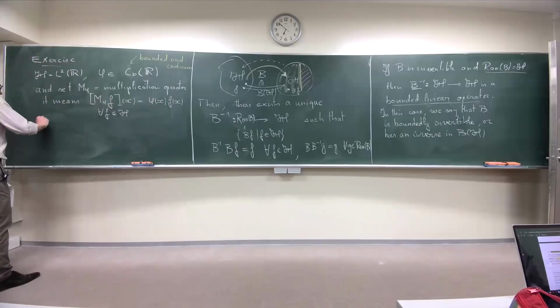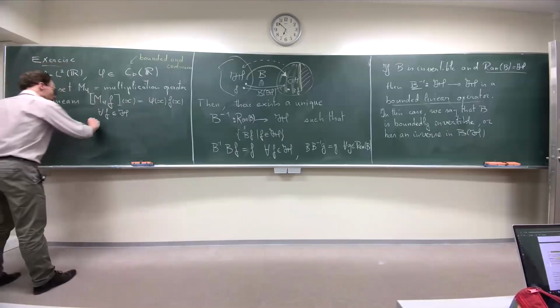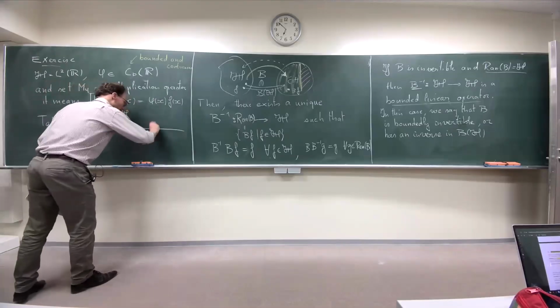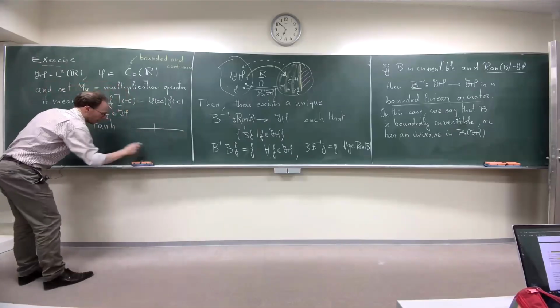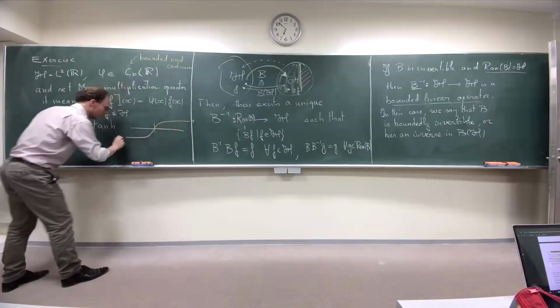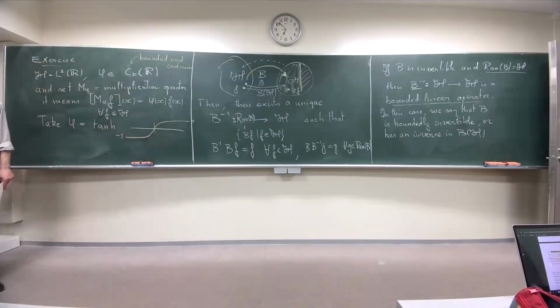Now, let me take an example. Take phi. I want a bounded and continuous function, so I'm going to take hyperbolic tangent. Maybe it's good to remember how it looks. The hyperbolic tangent looks like this. It goes to 1, it goes to -1. It's a very nice function. So it's a bounded and continuous function, sure.